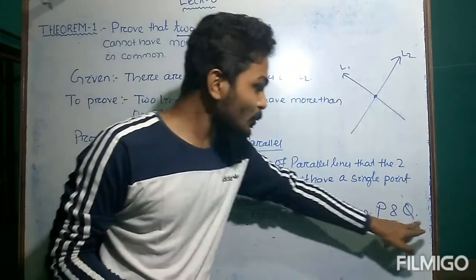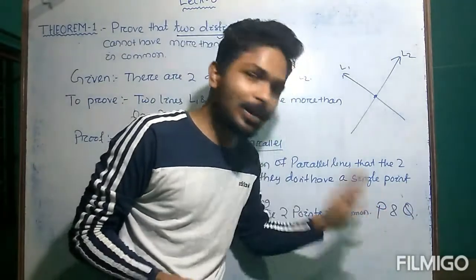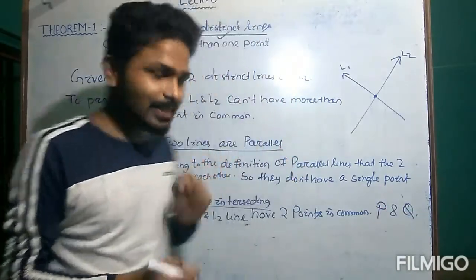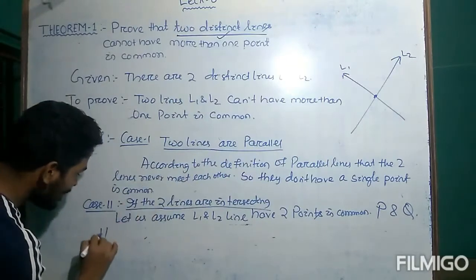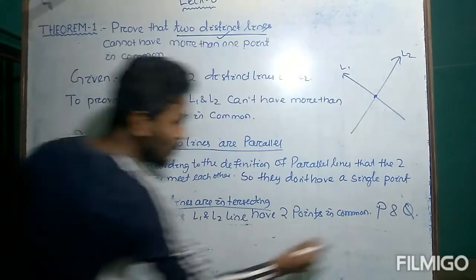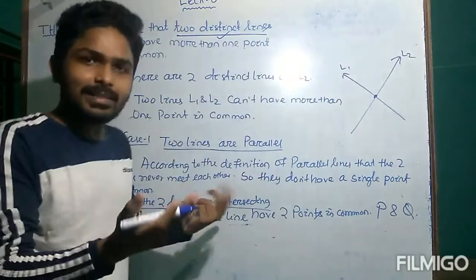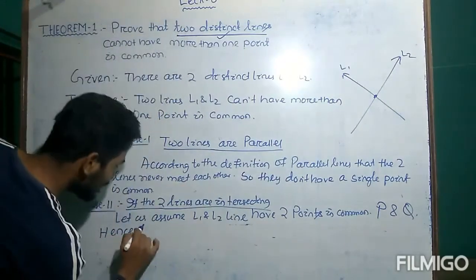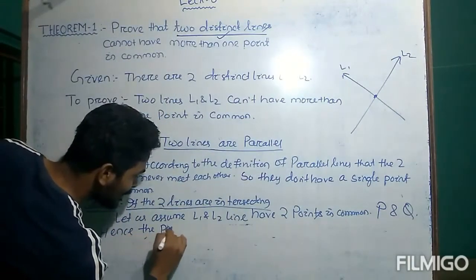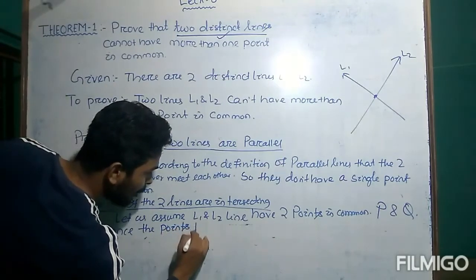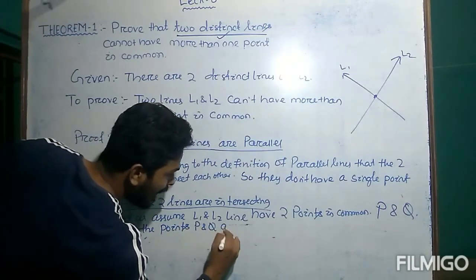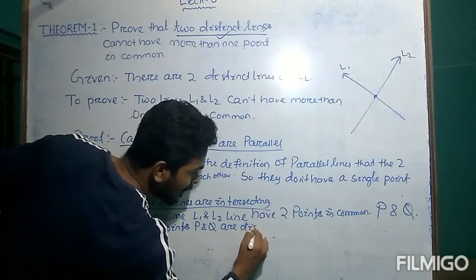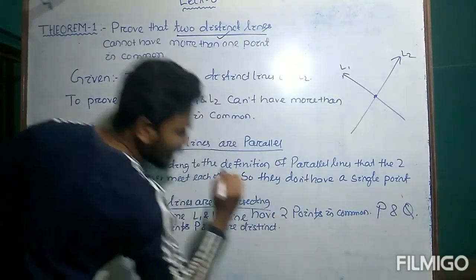Since they pass through two distinct points, that means these 2 points are distinct. Yes or no? Yes. Hence, the points P and Q are distinct. Why are they distinct?